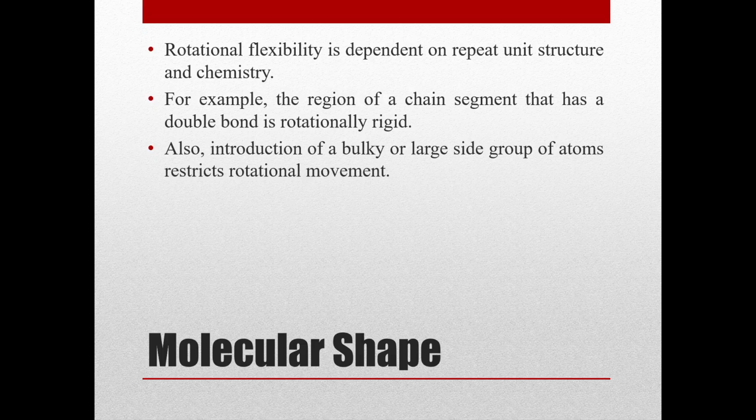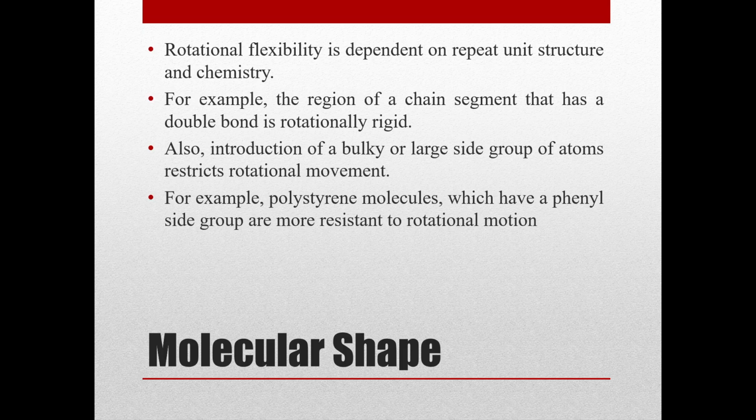Also, the introduction of a bulky or large side group of atoms restricts rotational movement. For example, the polystyrene molecule has a phenyl side group and is more resistant to rotational motion.